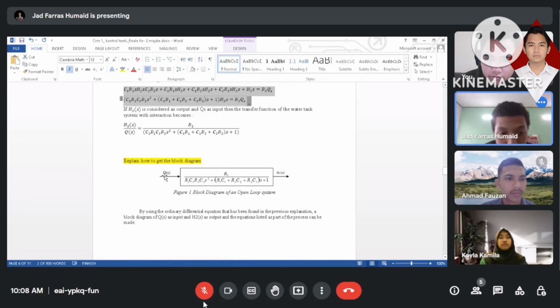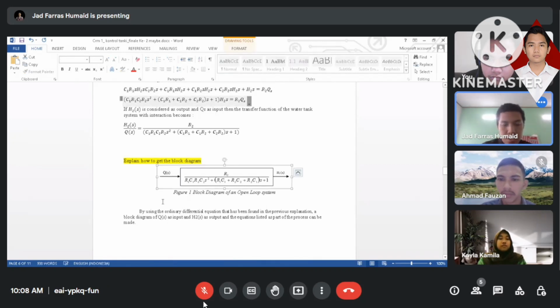And by the end, the result becomes this block diagram of an open loop system.